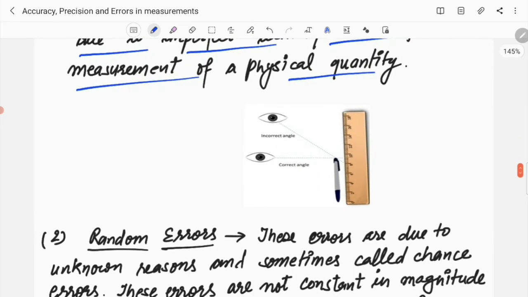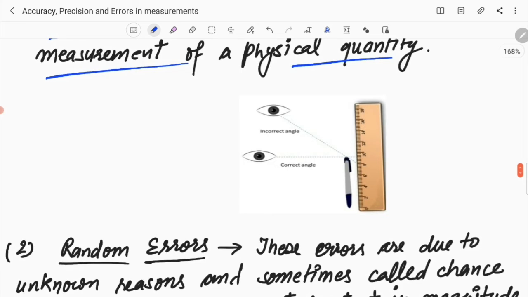For example, we can see here we are going to measure the length of a pen. We are just putting a scale along with it, and if we are measuring the length of this pen from this place, this is the correct angle, we are measuring from directly in front, then we will read the exact value.